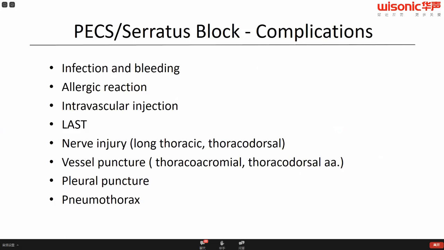Nerve injury is rare because in the plane where you inject the local anesthetics are the long thoracic or the thoracodorsal nerves. Vessel puncture should also be very rare because you should know where the tip of the needle is, and then you should avoid any kind of vessel puncture. And also pleural puncture or pneumothorax are very rare complications.